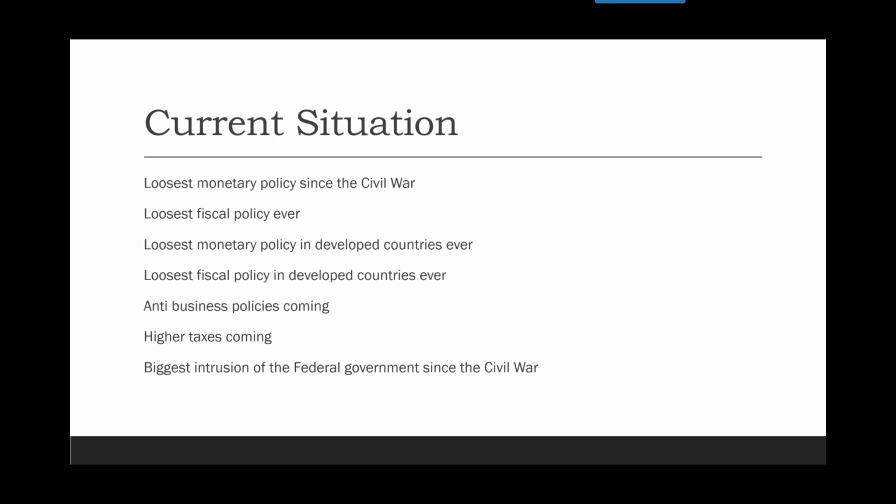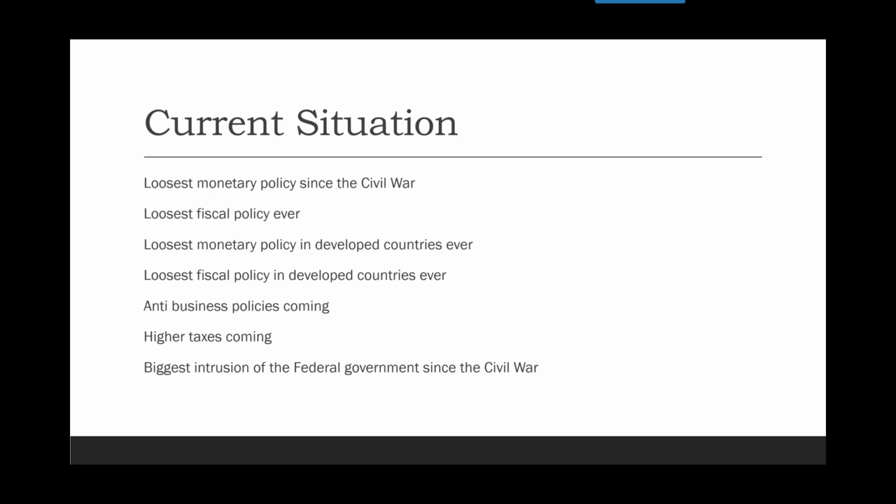This is also the biggest intrusion of the federal government since the Civil War. Even FDR did not intrude into the private sector as much as the Biden administration is right now. I'm saying all these things so you have perspective, so you understand that this is a dramatic change in policy compared to previous administrations going back 150 years.